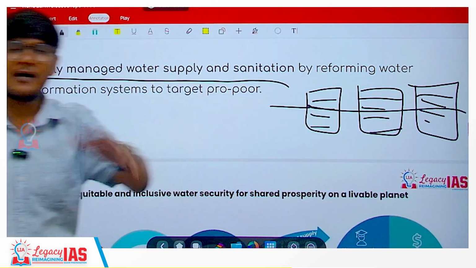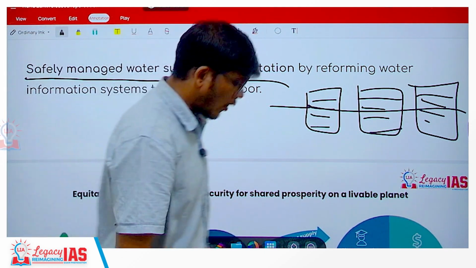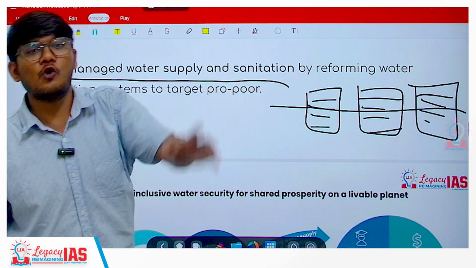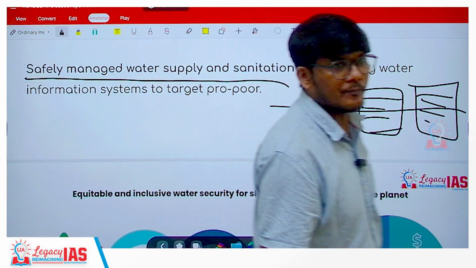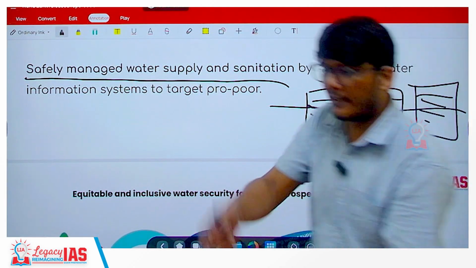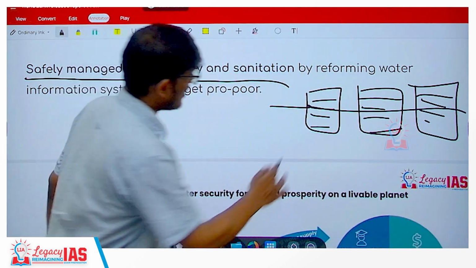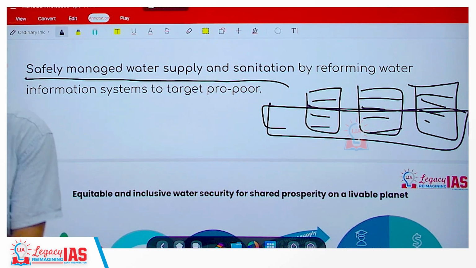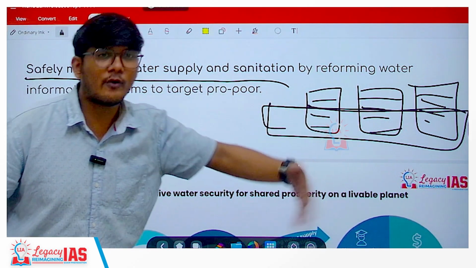More than half is still available. But again, next day the water comes. So what do you do? Will you add in the remaining portion? No, you dump it all out, you wash it again and you fill the water again. So what has happened? This amount of water is wasted. If you would have had a surety of water availability, you would not be required to store and waste water.